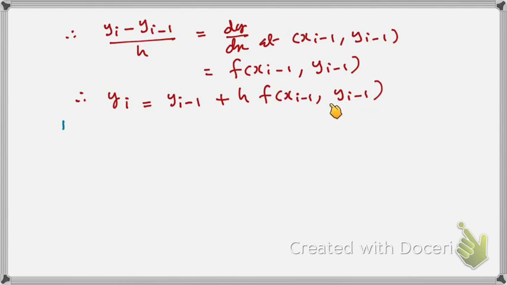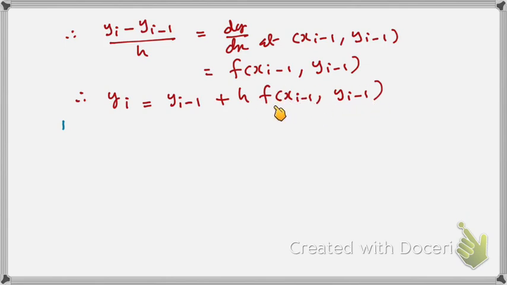So this is your dy by dx is equal to f of x, y. Into that I replace x by xi minus 1 and y by yi minus 1. This is my dy by dx, the gradient at xi minus 1, yi minus 1.